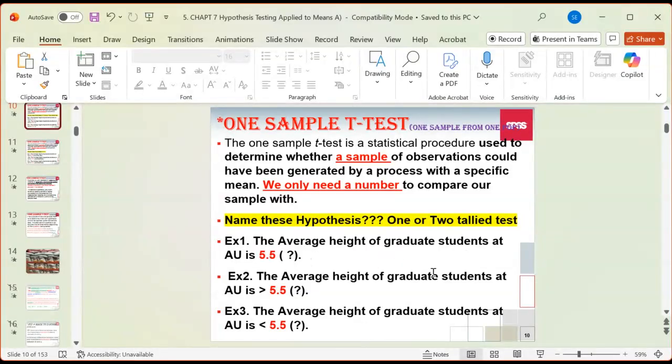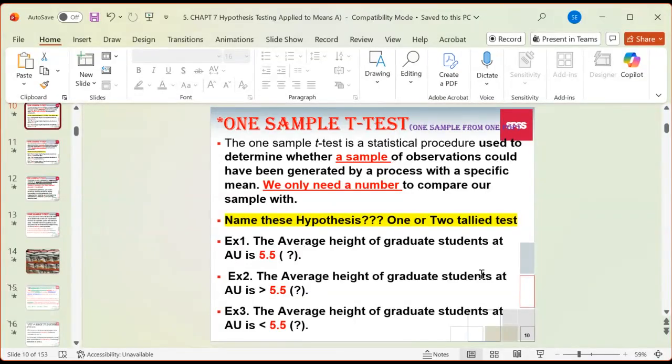So if you say the average height of graduate students at AU is 5.5, you're not saying that it is greater than 5.5, and you're not saying it is less than 5.5. You're just saying the average height of graduate students at AU is 5.5, no more, no less.